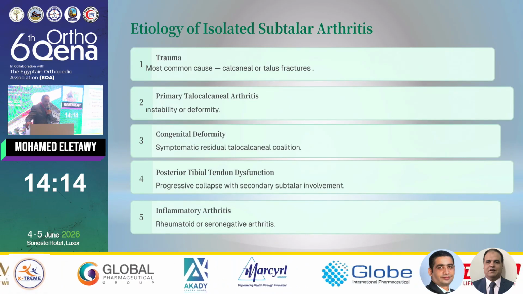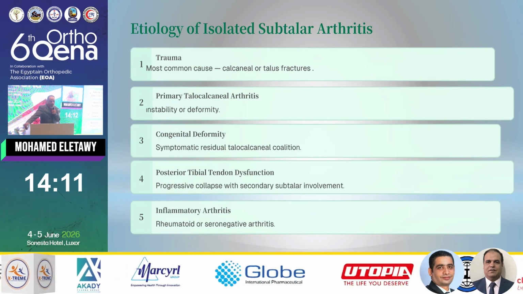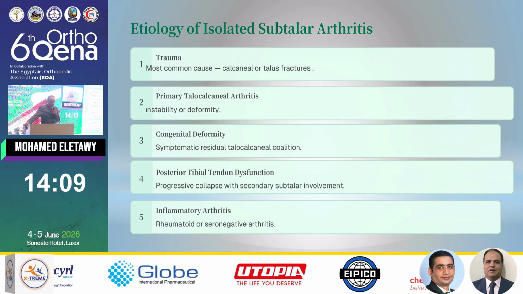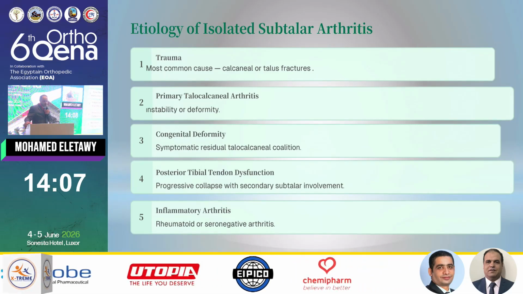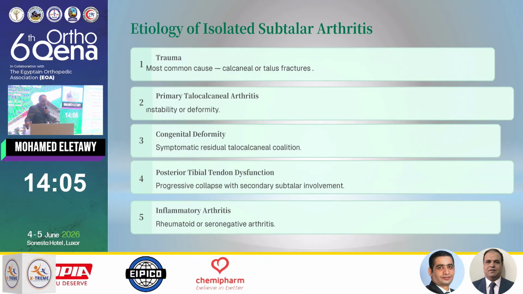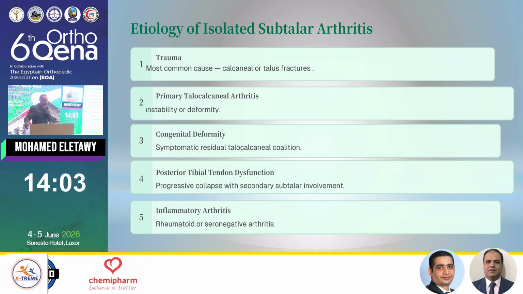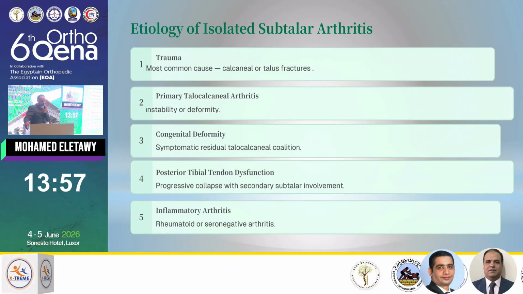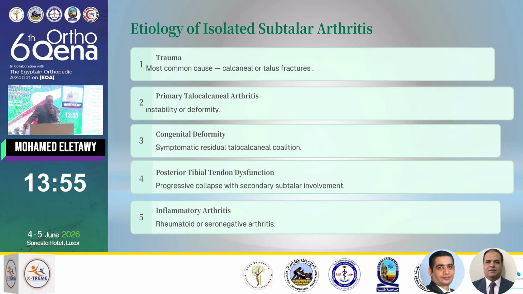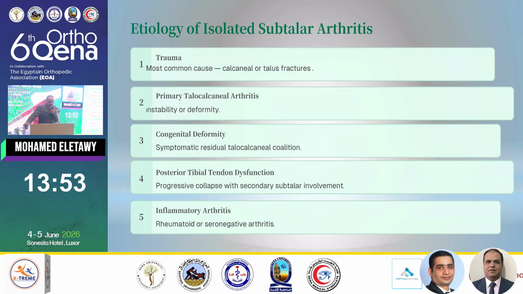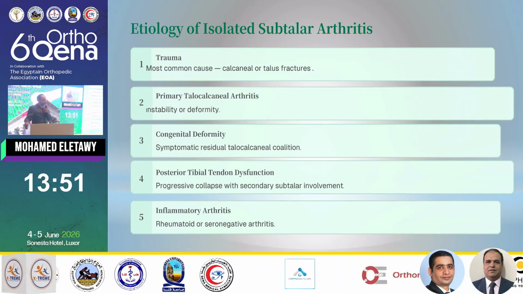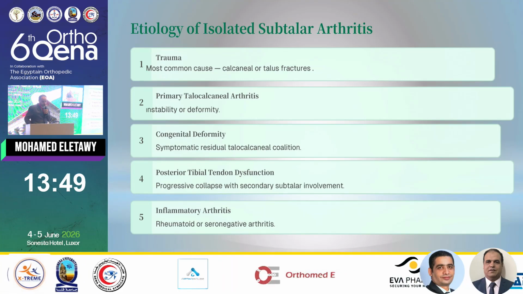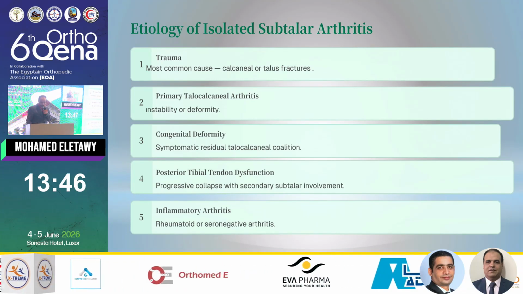It may occur in primary talocalcaneal arthritis, either due to instability or deformity, or in residual cases of talocalcaneal coalition. Also in case of posterior tibial tendon dysfunction in stage 3, nowadays we are calling it progressive collapsing foot deformity. Also, it may occur in inflammatory arthritis when it is isolated to the subtalar joint, in case of rheumatoid or seronegative.